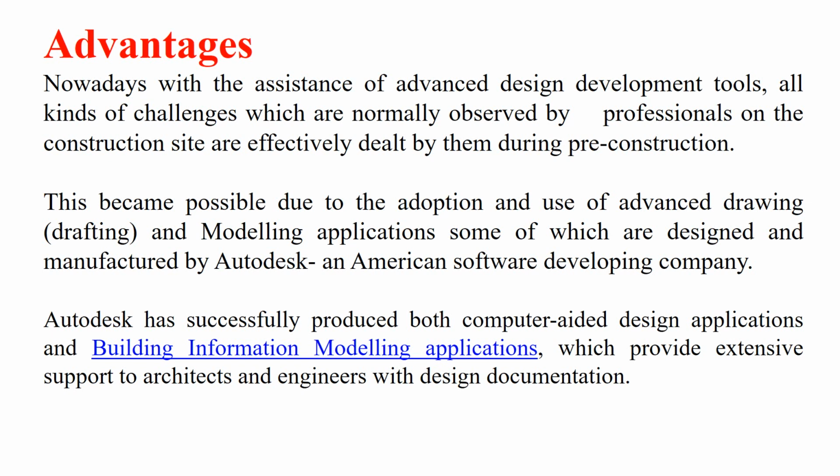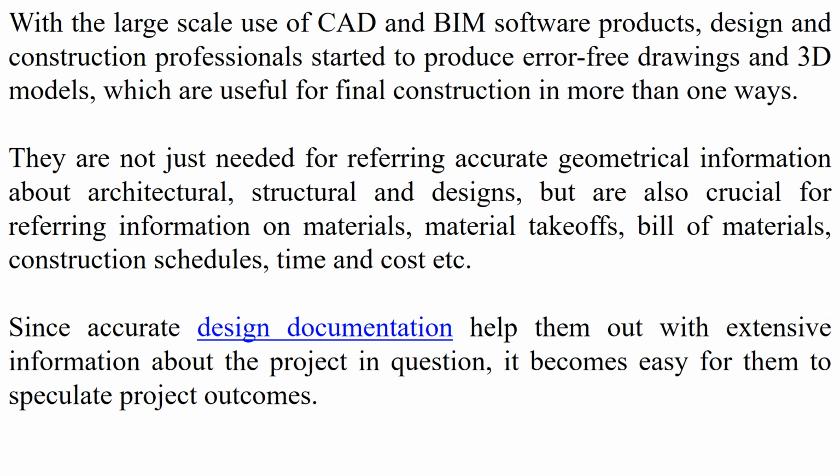Okay. With large scale use of CAD and BIM software, construction professionals started to produce error free drawings and 3D models, which are useful for final construction in more than one way. They are needed not just for accurate geometrical information about the architectural and structural design, but are also crucial for information on materials, material takeoffs, bill of materials, construction schedule, time and cost.